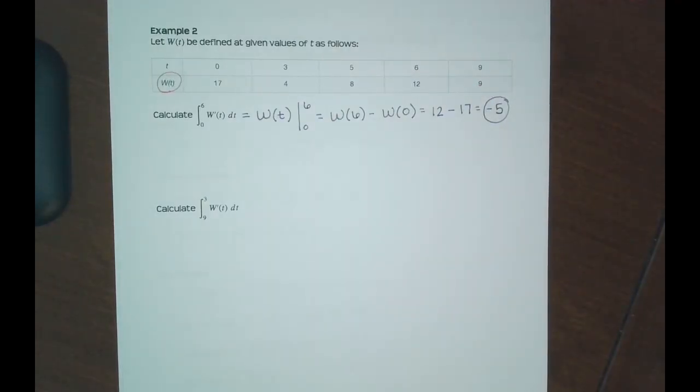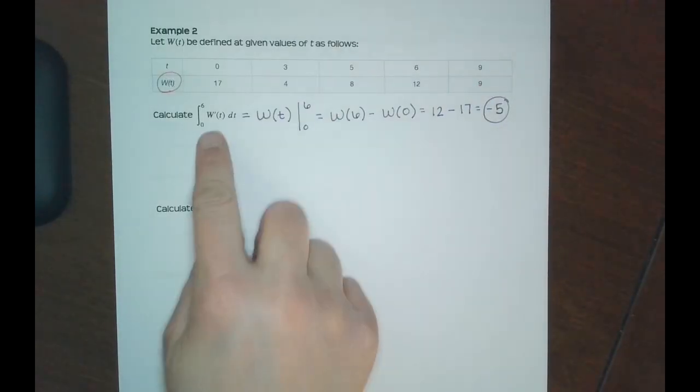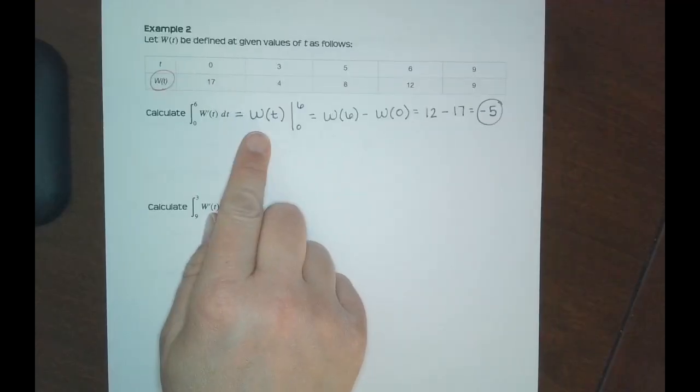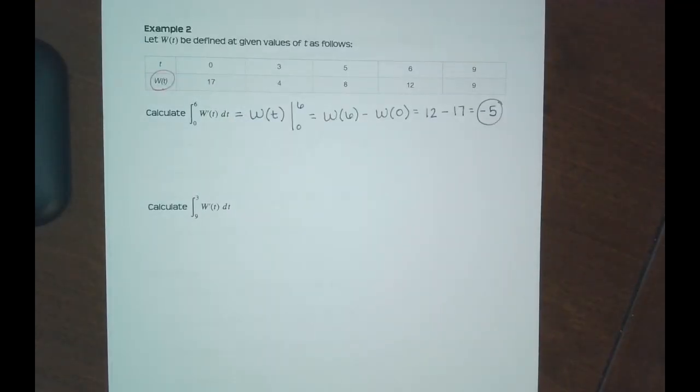Okay, let's talk about what we just found and how this notation was way more complicated than it needed to be. When you integrate a function, what you're finding is the overall change, not the rate of change, but how much did something increase or decrease in total over that period of time.